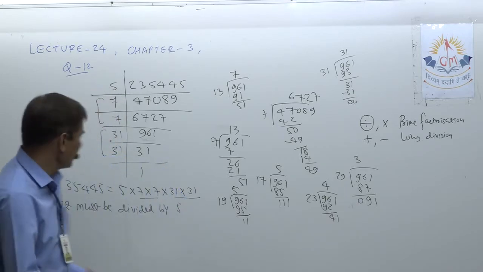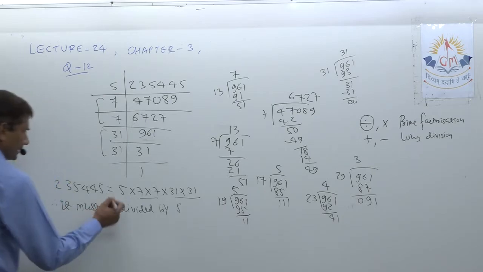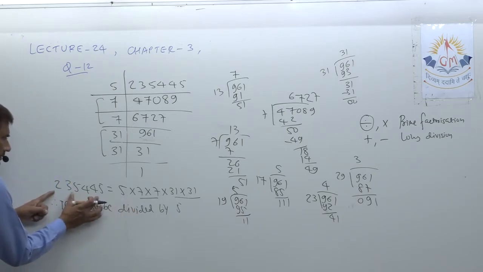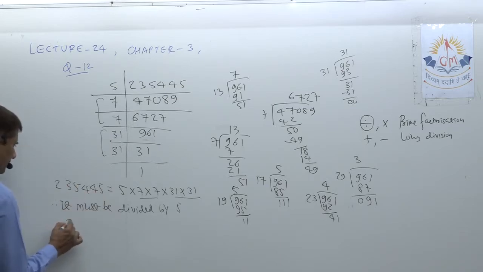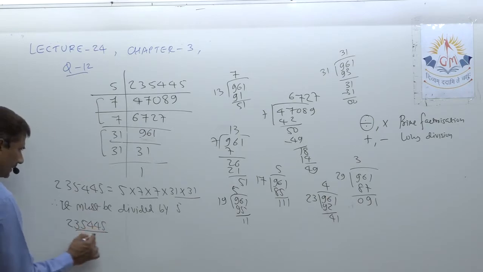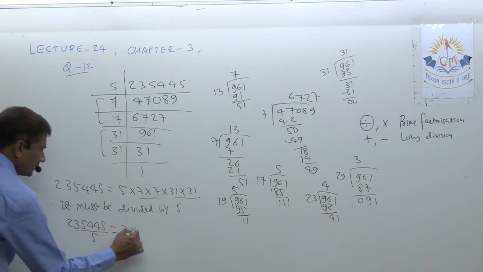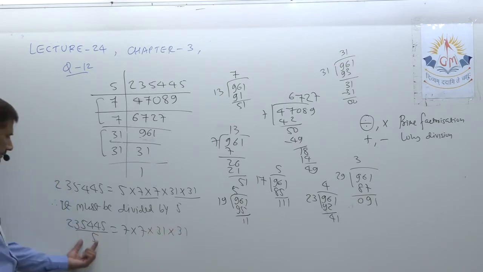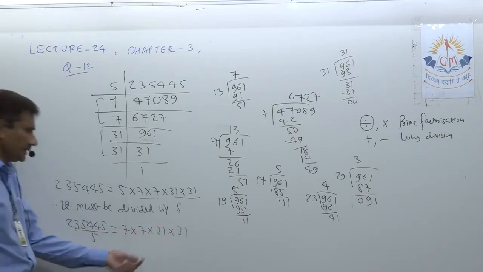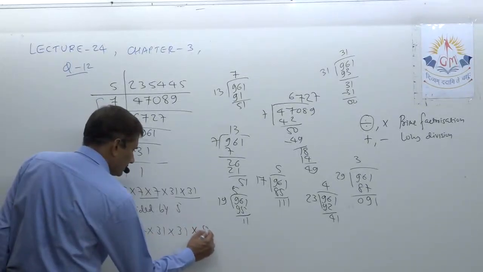So what is obtained now? If you divide here by 5, then here also it should be divided by 5. So understand here, it will be 2, 3, 5, 4, 4, 5 divided by 5 is equal to 7 into 7 into 31 into 31. Which is going to divide here by 5, here also 5. But here 5 and 5 will be cancelled out.